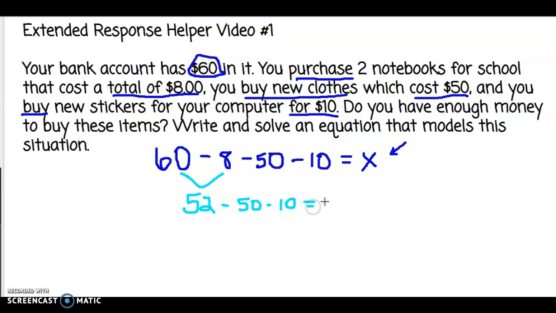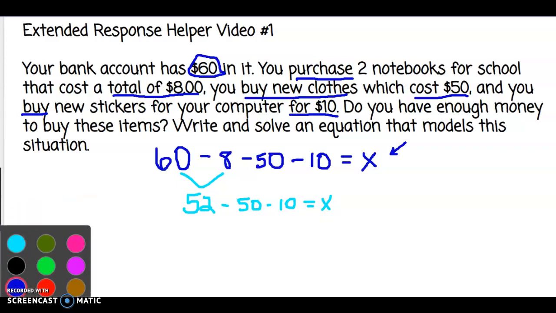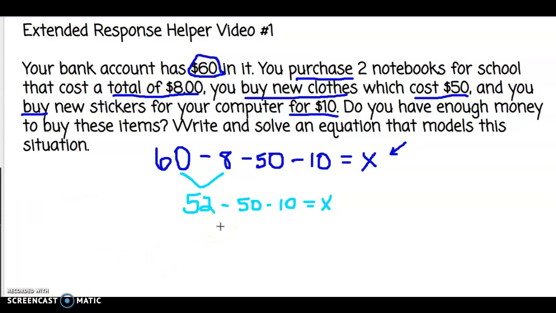So they remain the same. I am then going to switch colors again to help you see the next step. Working left to right, I now take 52 and I subtract 50. 52 minus 50 is 2, and then I bring down the rest of my equation because we haven't touched it yet.